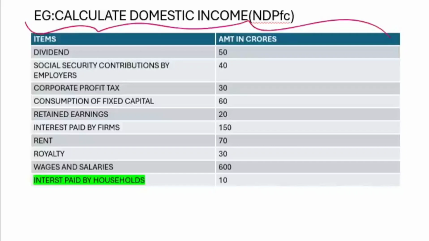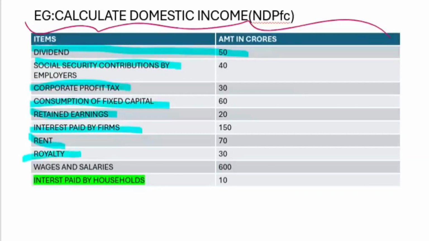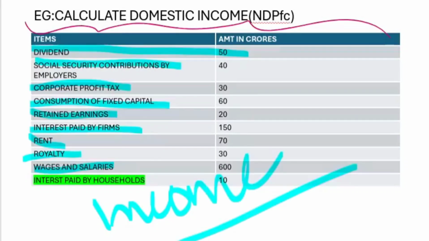So we have dividend, social security contributions by employer, corporate profit tax, consumption of fixed capital, retained earnings, interest, rent, royalty, wages. Then lastly, one term which is highlighted, that we will move on from. From these terms we can understand that it is the income method if it comes in the examination. It was a past year question. COM is a memory technique.